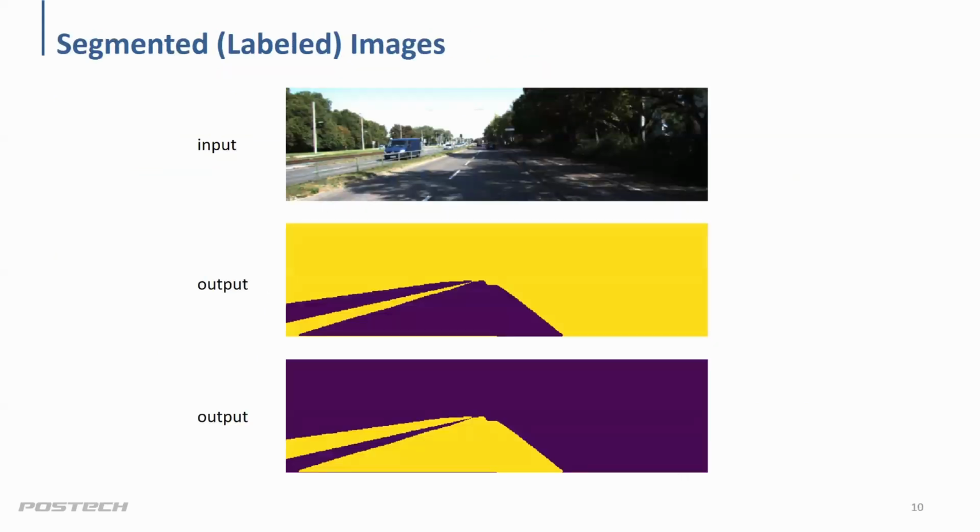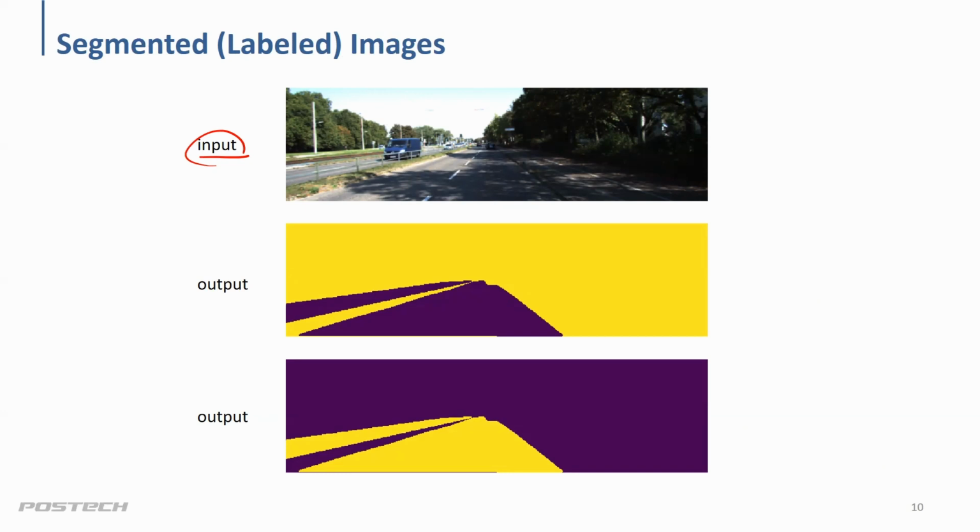So this is the most famous example for segmentation problems. Let's think about autonomous vehicles or self-driving vehicles. This will be the input image that your car is receiving in real time.